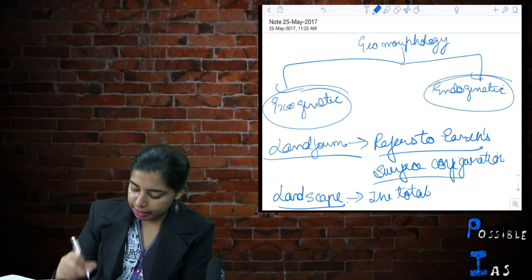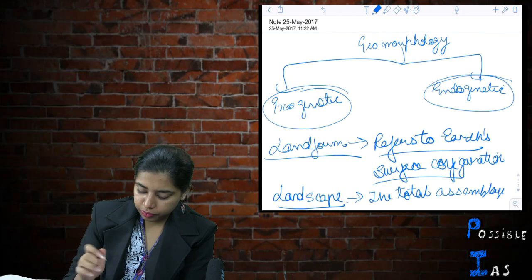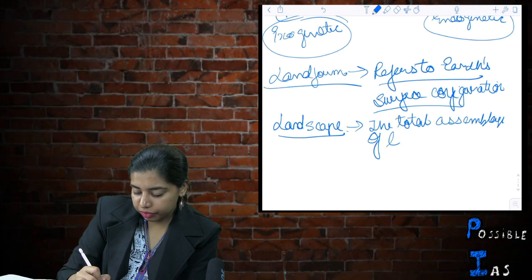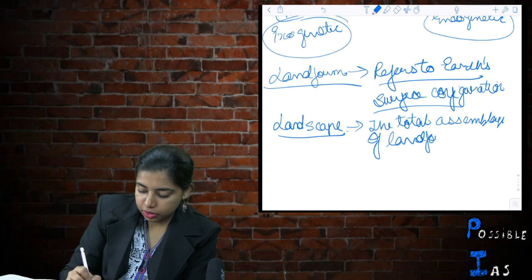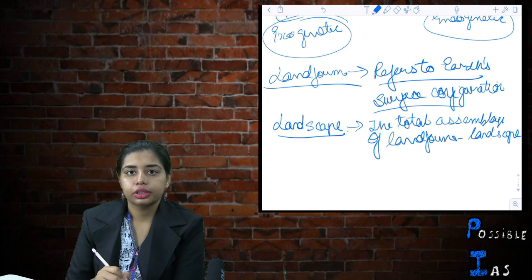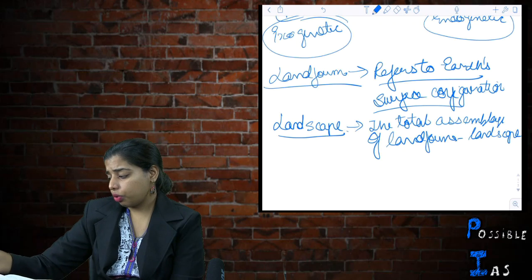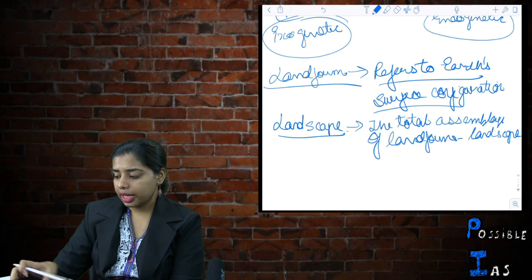So the total assemblage of landforms is known as landscape, right? So another term that you hear quite often in geography is relief.